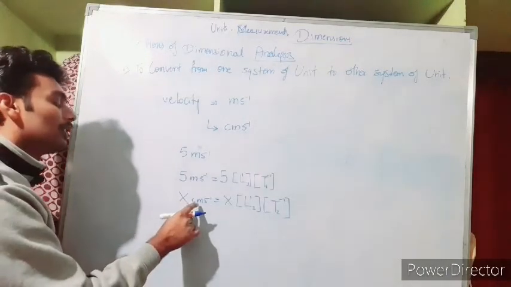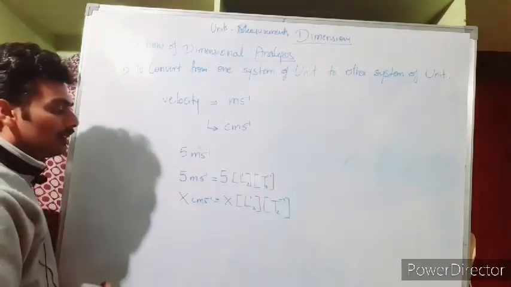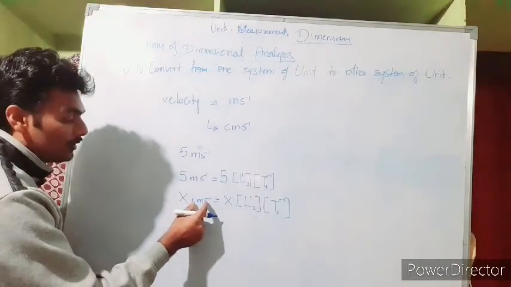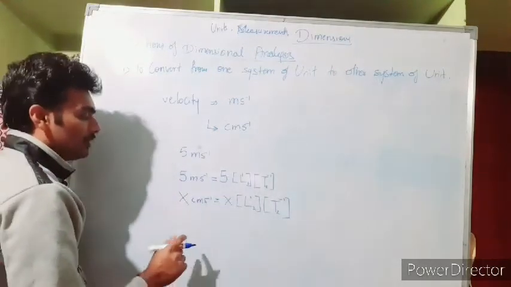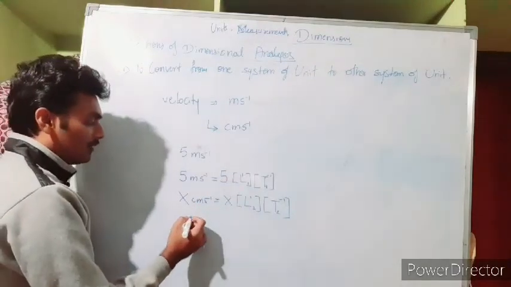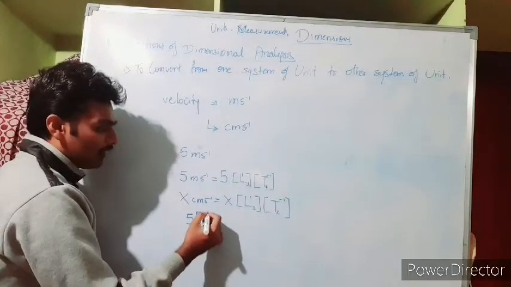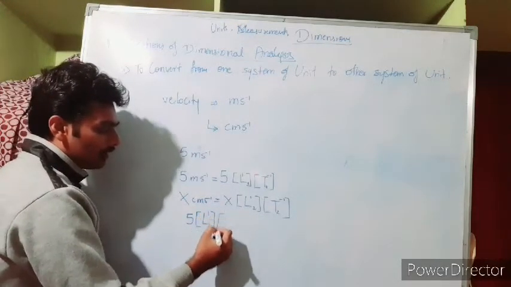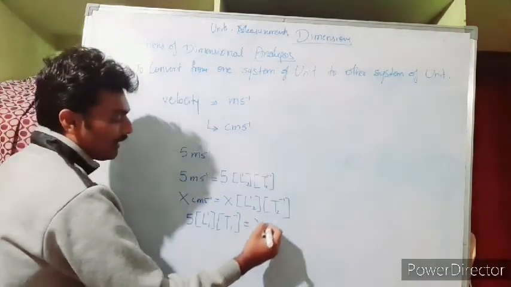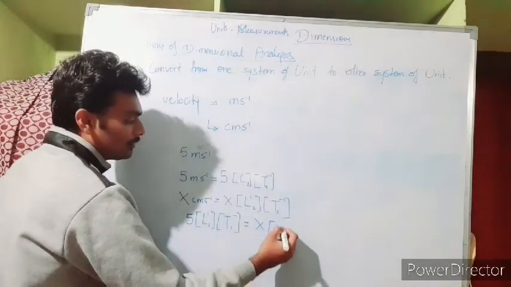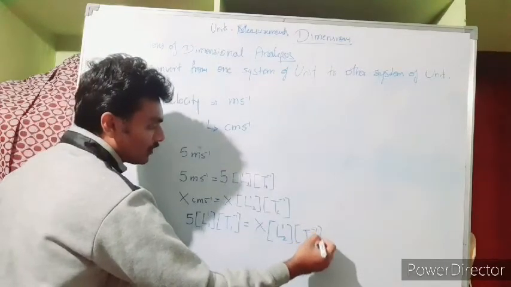So many times we will not have an idea about the particular formula or particular unit. Even then we can make use of dimensional analysis to get the conversion. So these two must be equal, which means we should have 5 L1 to the power 1, T1 to the power minus 1, equal to x L2 to the power 1, T2 to the power minus 1.